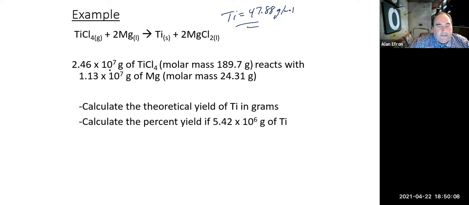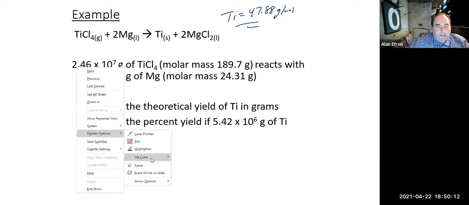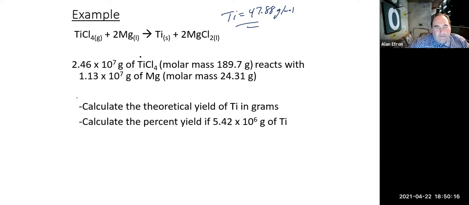Okay, so since we're getting towards the end here, let's take a look at it, see how you're doing. So, a couple of things. We obviously are given the grams of both of our reactants, so that automatically tells us this is some type of limiting reagent problem. Because we have grams, we definitely can get the moles of each of them. We're looking for the theoretical yield and the percent yield.